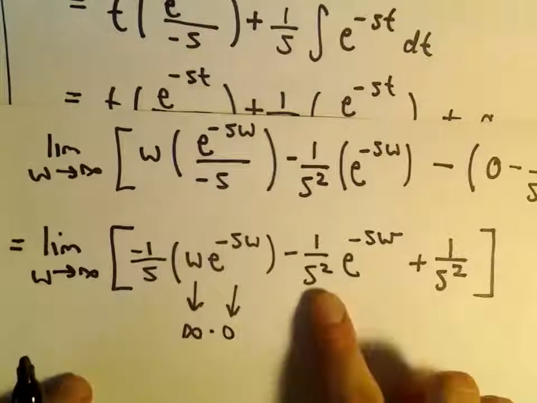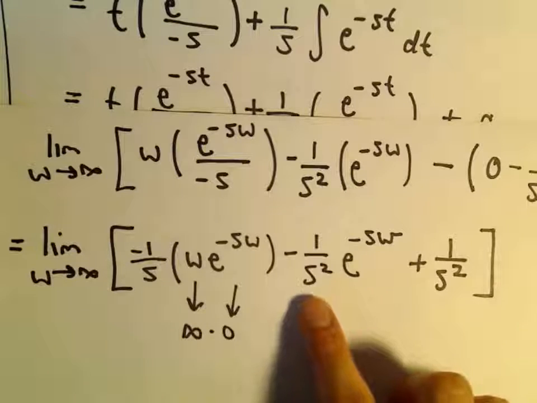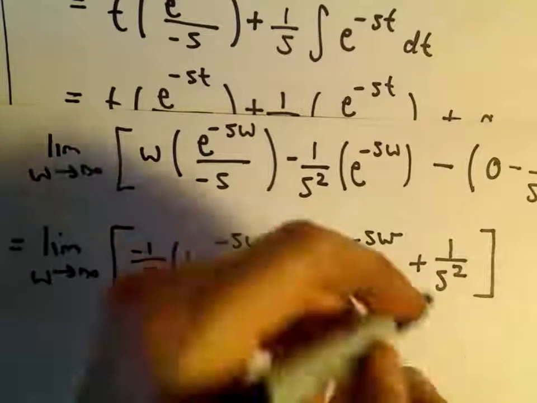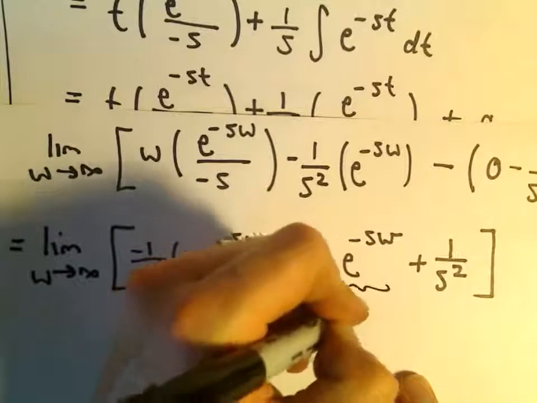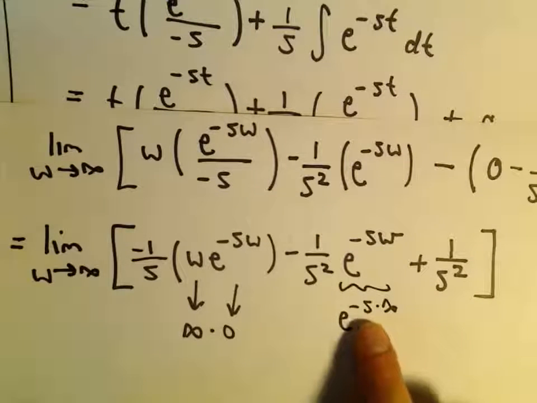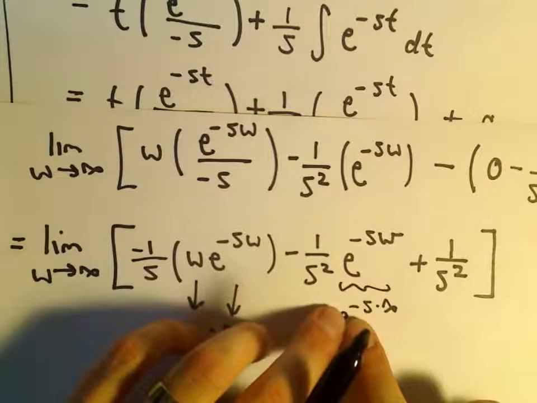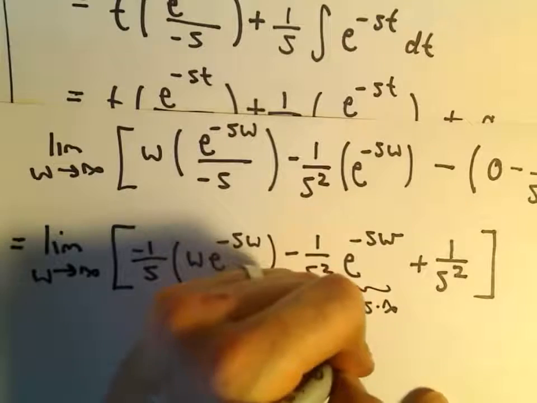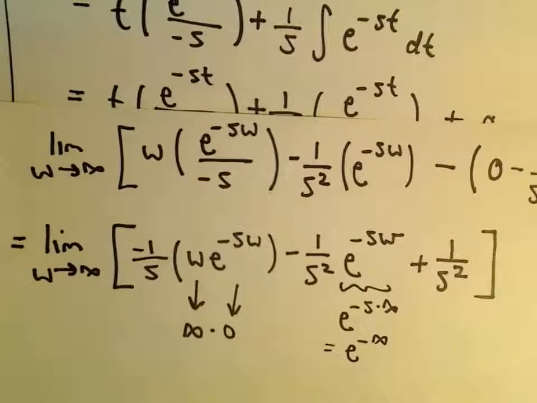Notice for our second term here, we've got negative 1 over s squared. Again, as w goes to infinity, we're going to get e to the negative s times infinity. By definition, remember we said s had to be positive. Okay, so s is positive, so we have a negative number times infinity. Again, that's going to give us e to the negative infinity.